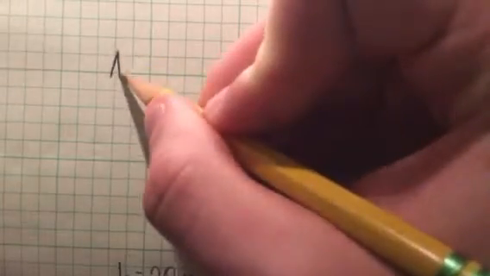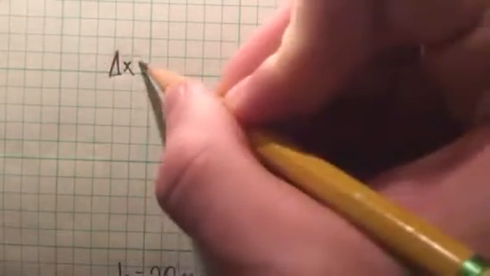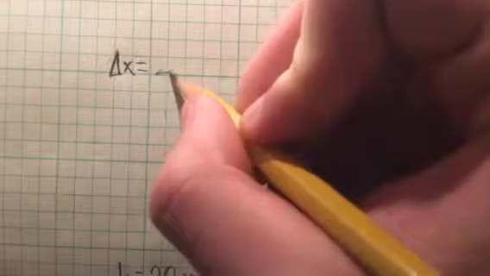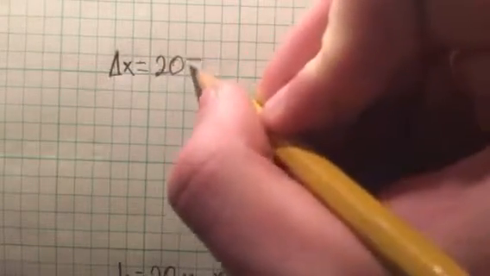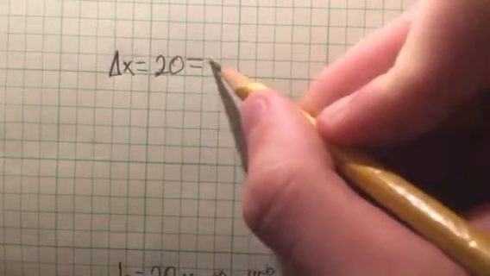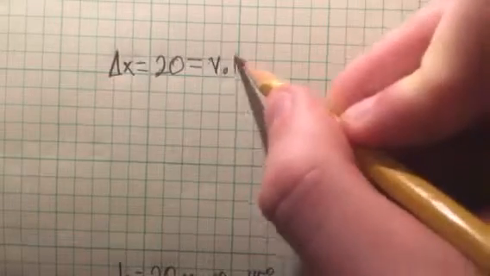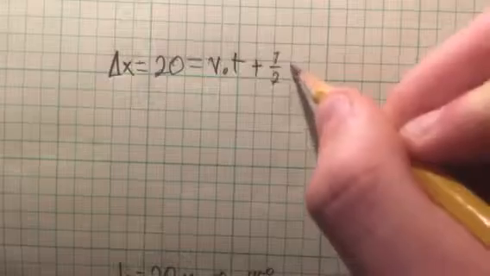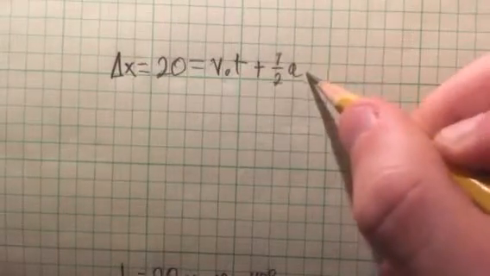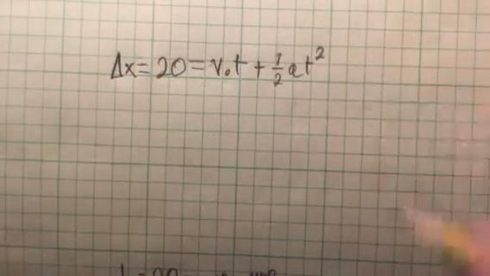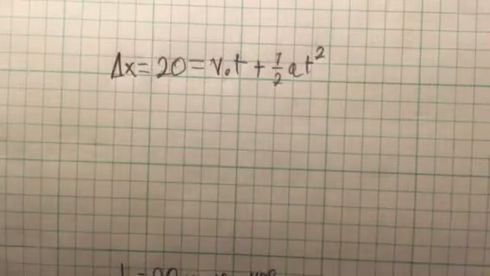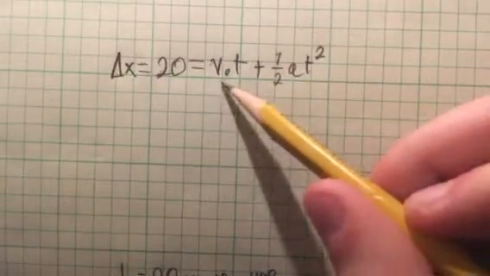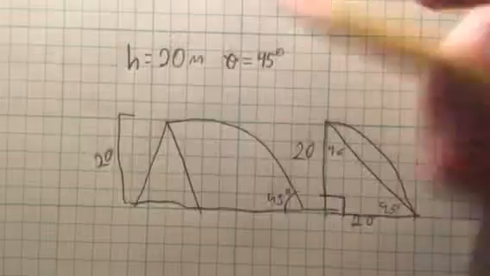So we have our change in x, which is 20, and that's going to be equivalent to our initial velocity times time plus 1/2 acceleration times time squared. Okay, so what's our initial velocity?